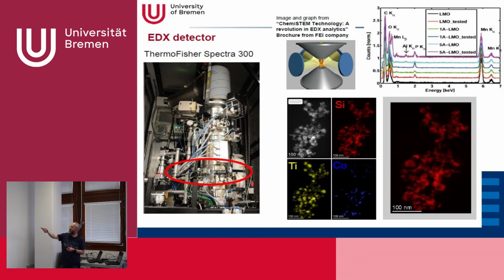So if I scan the sample, like here, this is a HAADF STEM image of nanoparticles, for every one of these scan points, we get such a spectrum. Now we can just focus on one of these peaks. For example, here we have silicon, we found titanium, and we found cobalt.